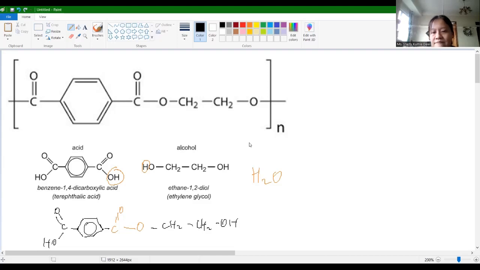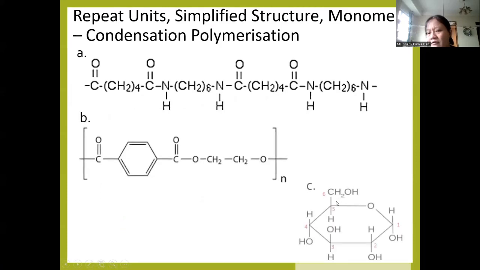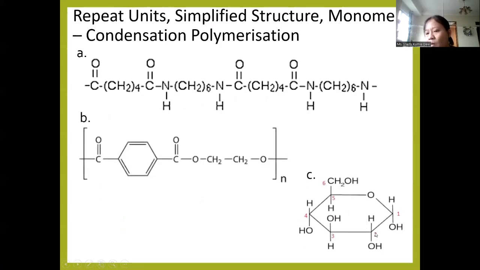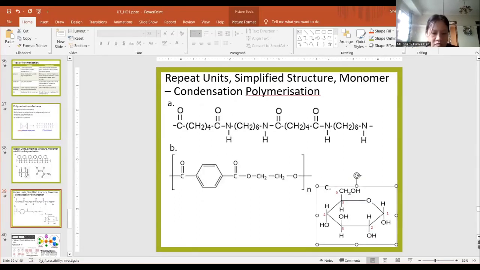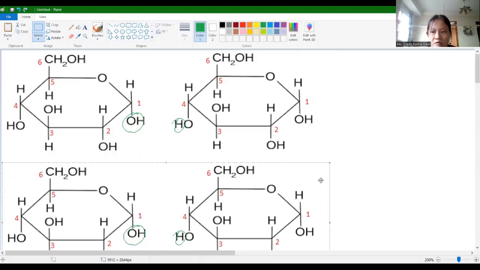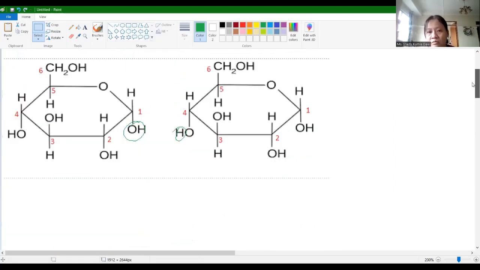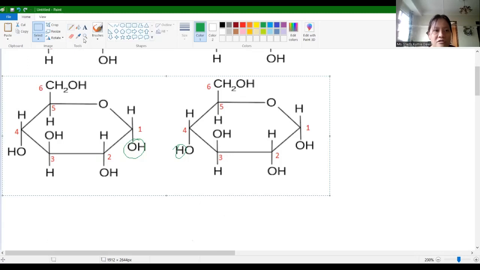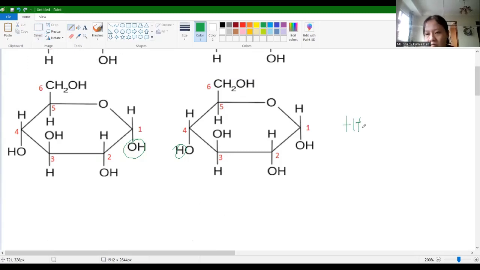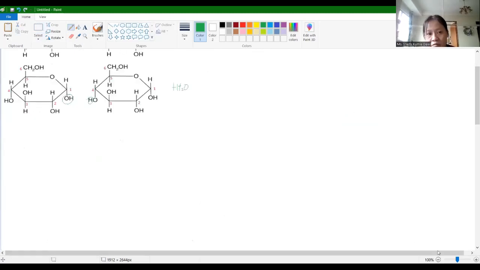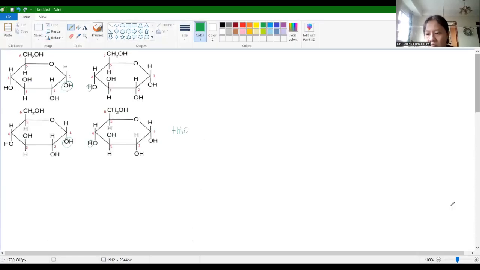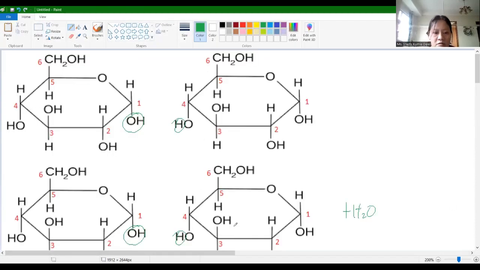The next one is glucose. This is the monomer. When a glucose reacts with another glucose, I will move here also. This will make H2O, water, because this one is removed.